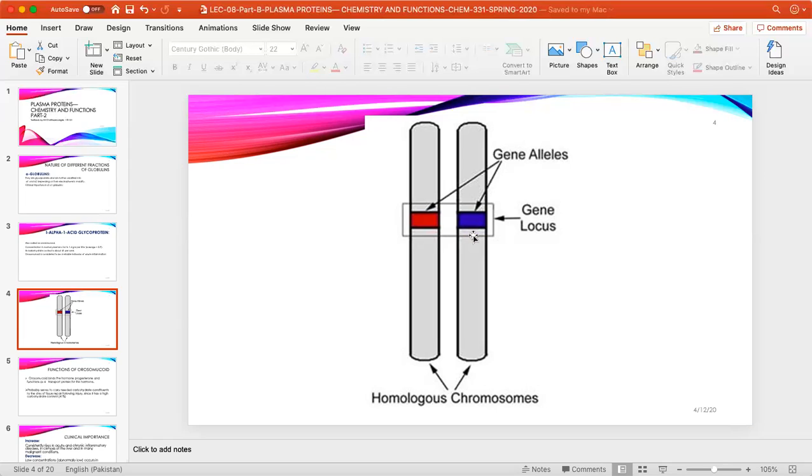It is a specific fixed position on a chromosome where a particular gene or genetic marker is located. The genetic marker over here is red and over here is blue. These we call gene alleles. An allele is a variant of a gene, and each cell has two alleles, one per parent, one allele from one parent and the other allele from the other, for which one is dominant and one recessive.